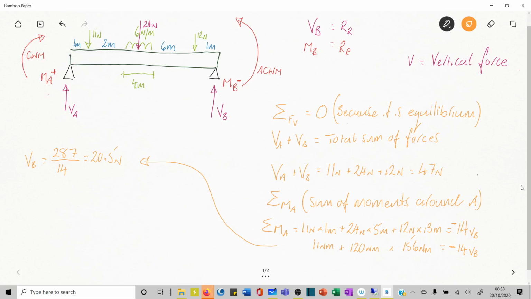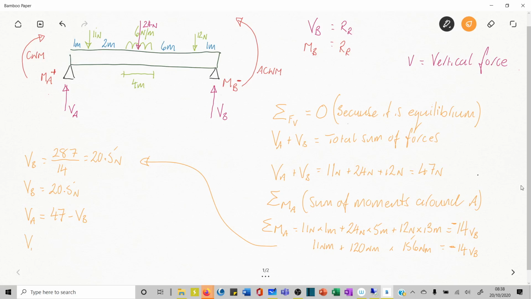VB equals 20.5 newtons, and then we can say VA, or reaction left, vertical force A, is equal to 47, because that's the total sum of forces, minus VB, which we know is 20.5 newtons.